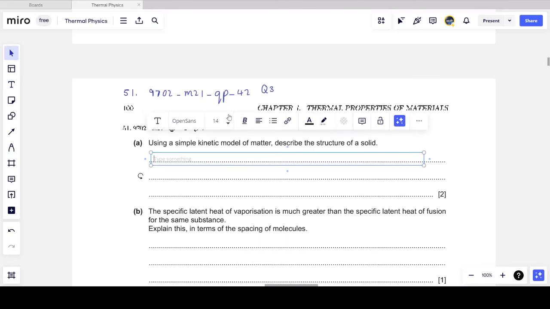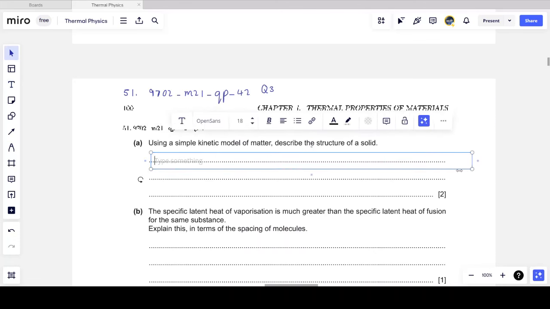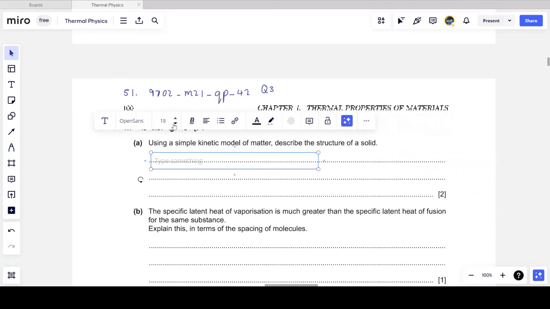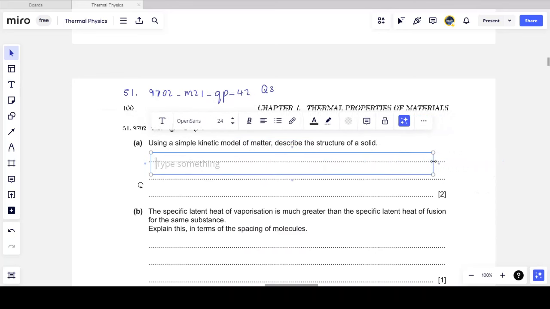Now, this is A-level physics, but this question may as well be IGCSE, because if you've done O-levels or GCSEs, you would know that this question is a common type of high school question. How can we describe what a solid looks like if we think about a kinetic model of matter, talking about the particles themselves? What we know about solids is that in solids, particles are very close together.